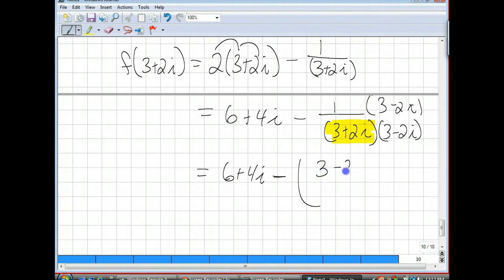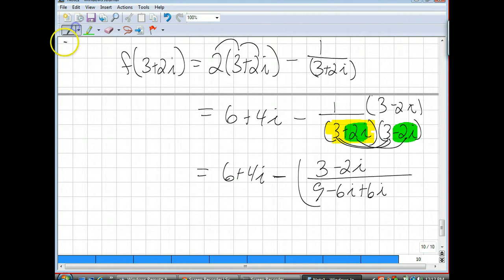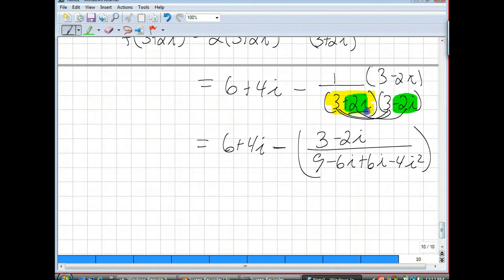It's going to be 3 minus 2i over, and then we're going to FOIL the bottom. 3 times 3 is 9, minus 6i, and then plus 6i. And then again, remember, this is where you have to be super, super careful. So 2 times negative 2 is negative 4. i times i is i squared.